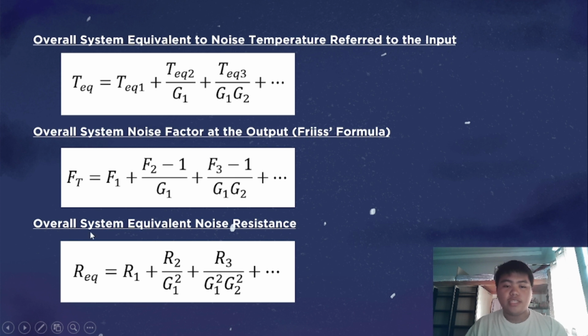And for the overall system equivalent noise resistance, we can express it as R sub EQ is equal to R sub 1 plus R sub 2 over G sub 1 squared plus R sub 3 over G sub 1 squared times G sub 2 squared until R sub n over G sub 1 squared times G sub 2 squared times until G sub n minus 1 squared.